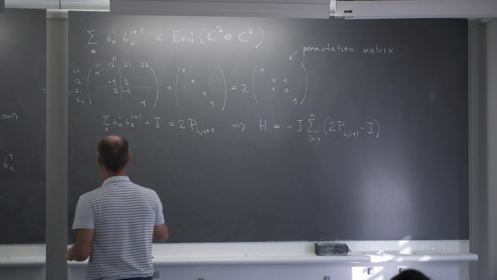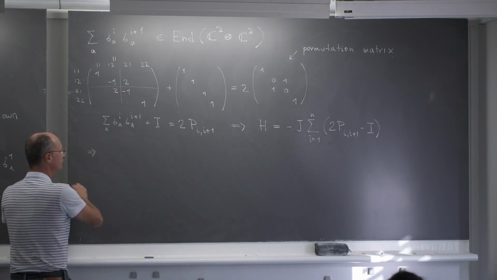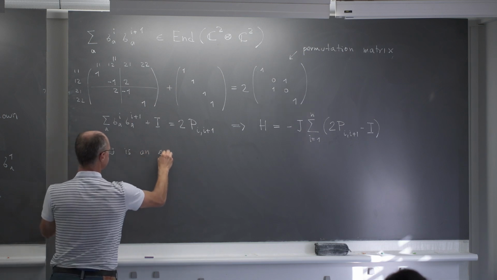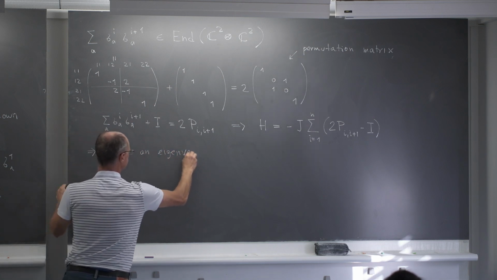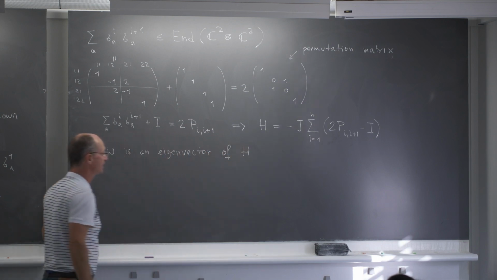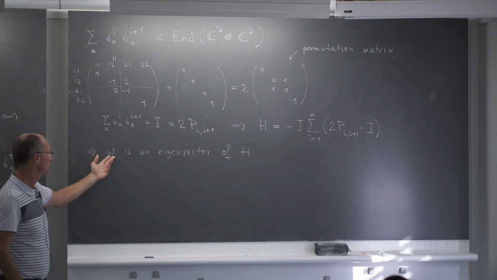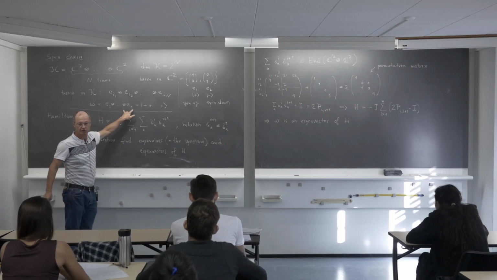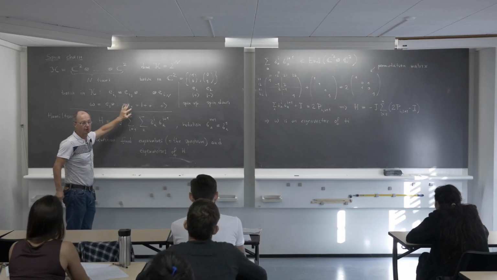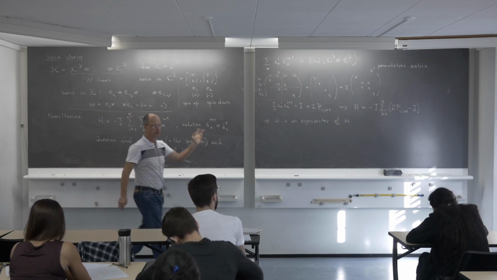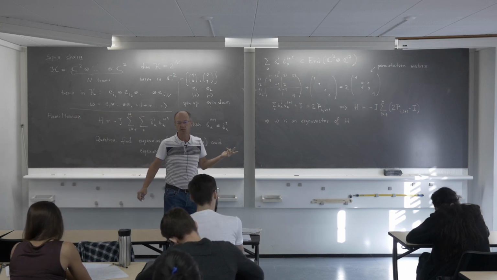In particular, it follows that omega is an eigenvector of H. Indeed, omega has all the elements the same, so the permutation matrix acts simply by 1, or actually all the permutations act by 1, since if you permute e1 and e1, you get e1 tensor e1.